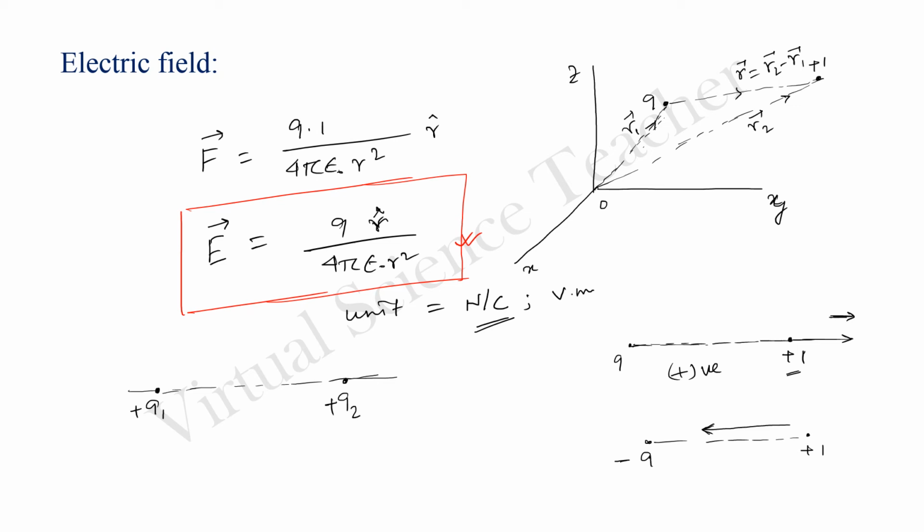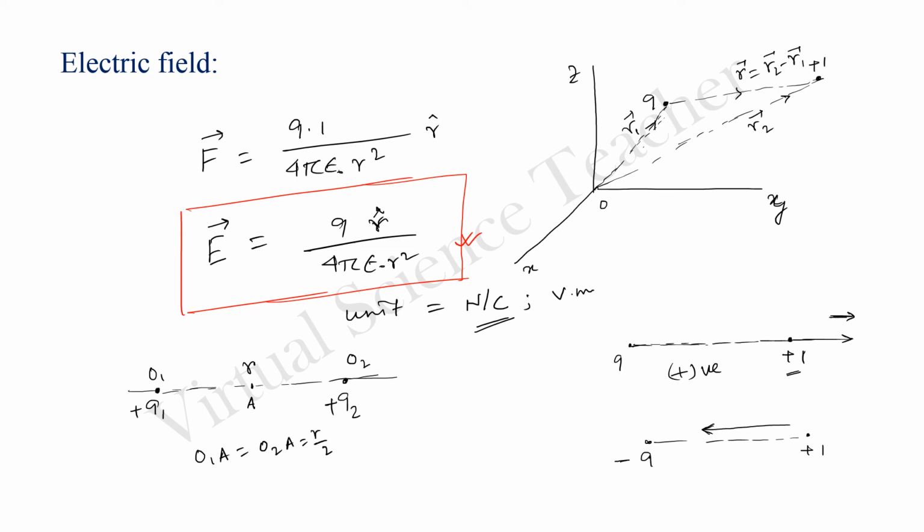These are at a distance of r, and I want to find the electric field at a point A. This is point O1, point O2, and the distance between O1 and O2 is r, and I want to find the electric field at A. That means I have to put a unit positive charge at A, and suppose O1A equals O2A equals r by 2. Now I have put a unit positive charge at position A.